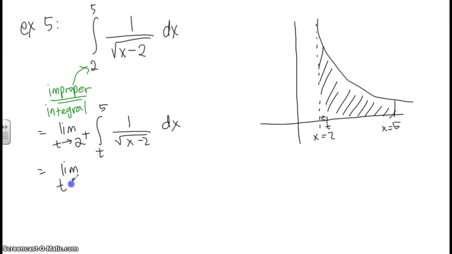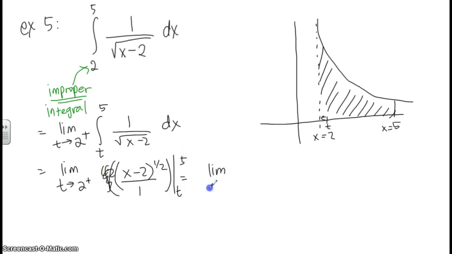We find the antiderivative. So this is x minus 2 to the negative 1/2. I add 1/2, divided by 1/2. This will give me from t to 5.